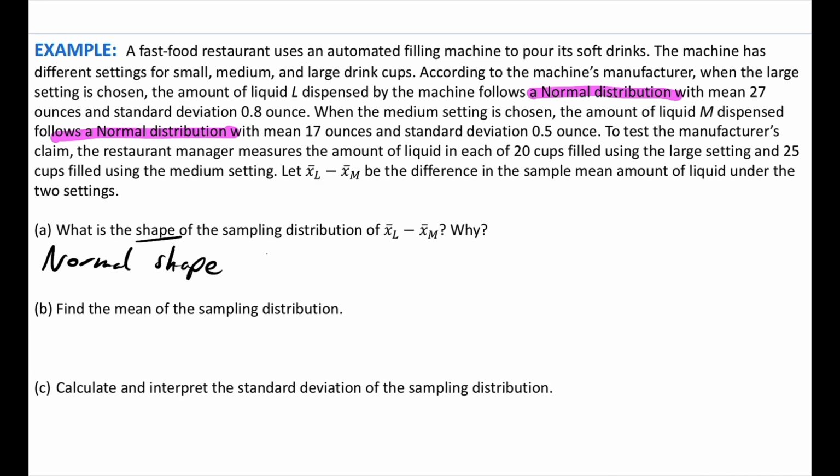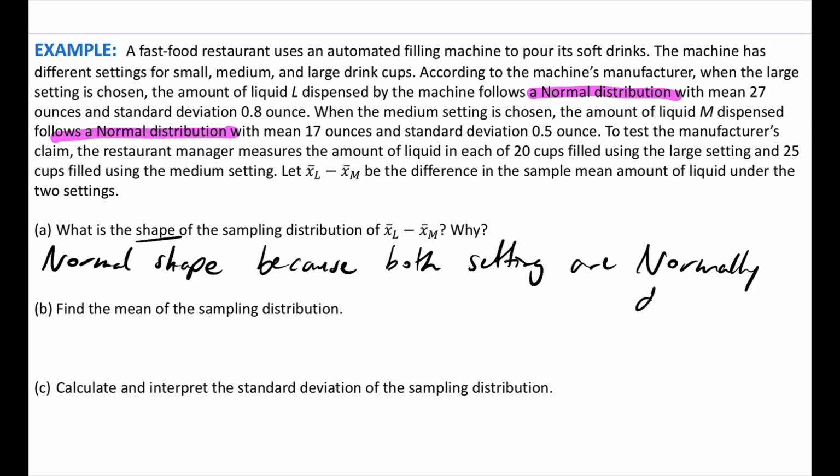I say normal shape because we're talking about the difference, but each one is normal as well. Both settings are normally distributed.